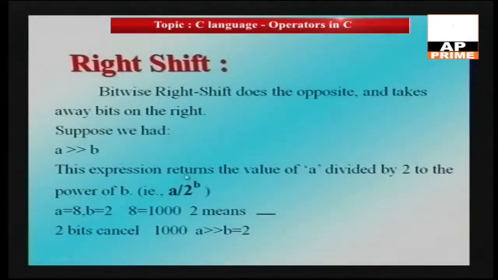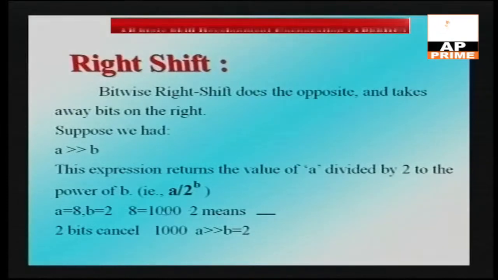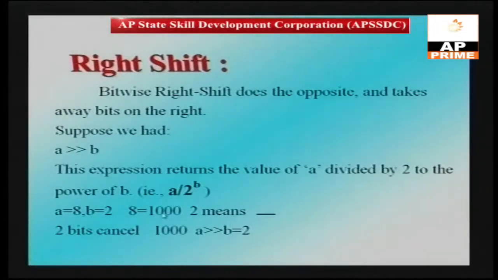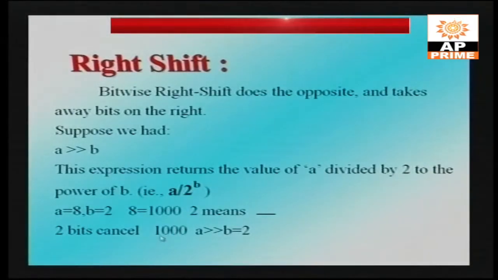What is the right shift operator? Suppose A is 8, B is 2. The binary number of 8 is 1000. Now for the 2, here 2 bits are to be cancelled. Based on the second number, cancel. Actually 1000 will be there for 8. 2 bits cancelled on the right side, I mean 2 zeros cancelled. What is remaining? 2 power 0, 2 power 1, I mean 2.